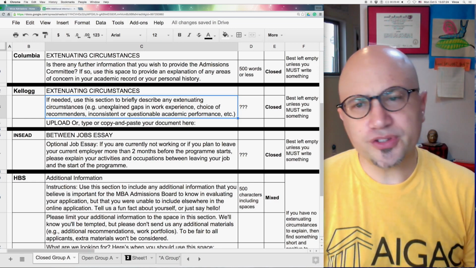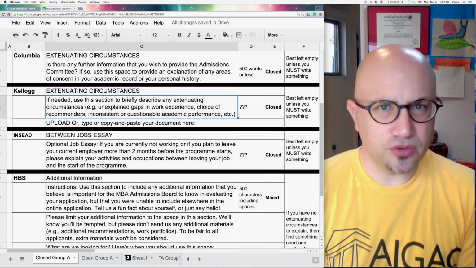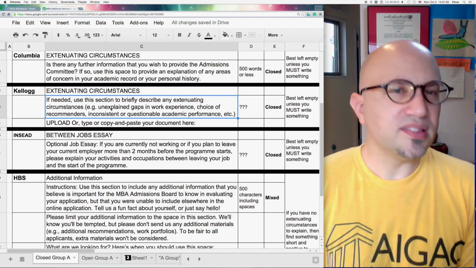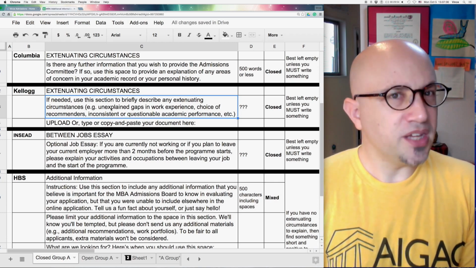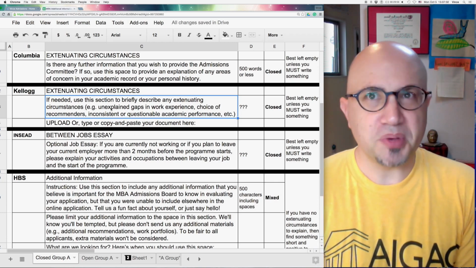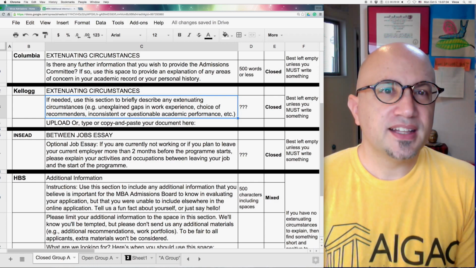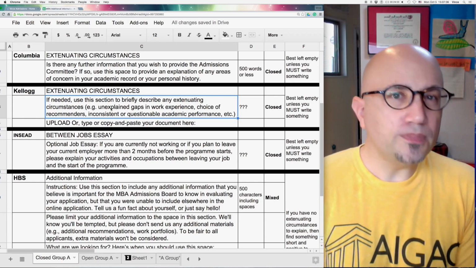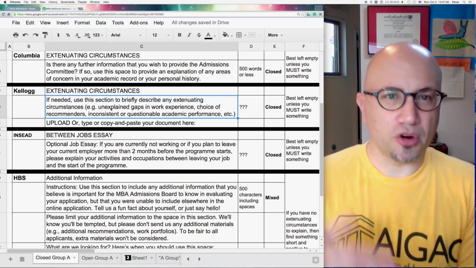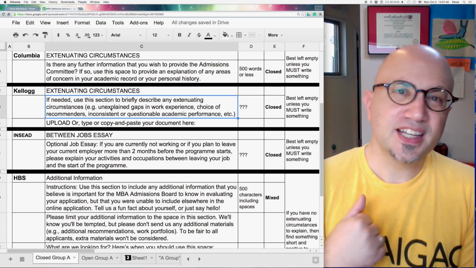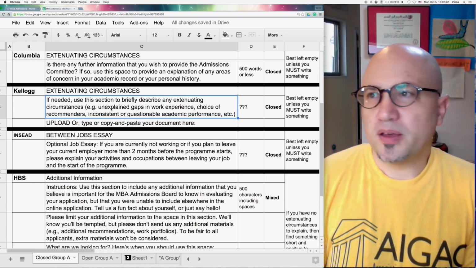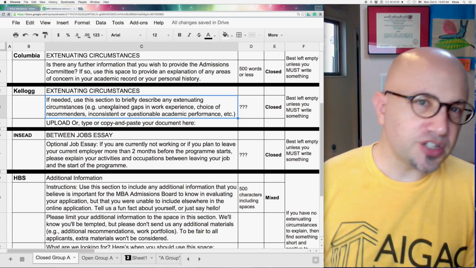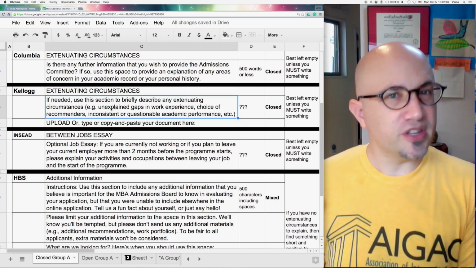Choice of recommenders, as with all these schools, they like to see a recommendation letter from your current direct boss because they assume that she knows you best of all, or she knows your current performance. But maybe you just got a new boss a month ago, so your previous boss knows you better.